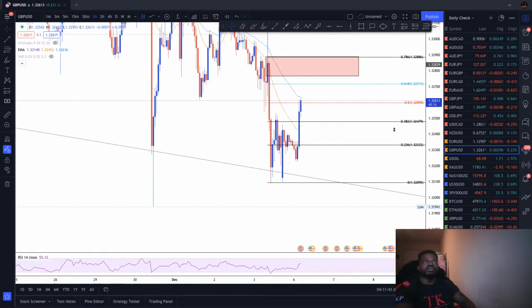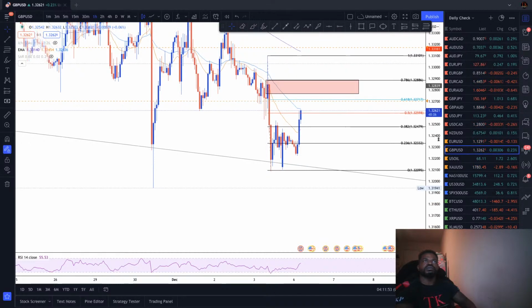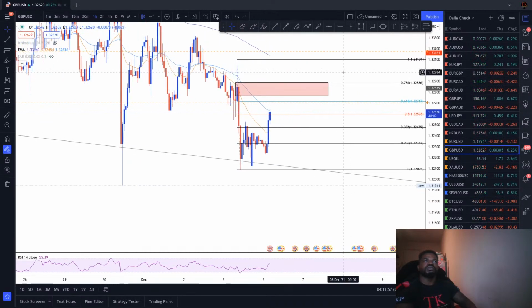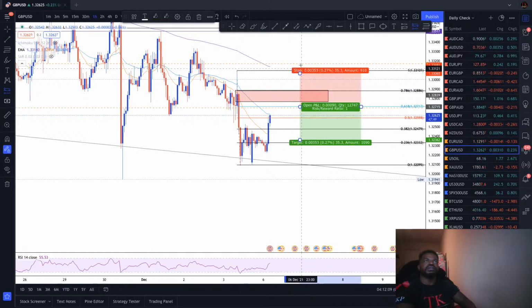Pound just retested the 50. Let's see if she'll pull up to retest the 618. And if by chance this sale is still valid, that could be a nice entry.